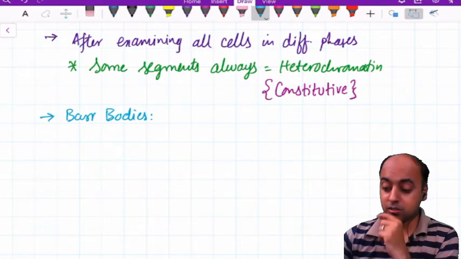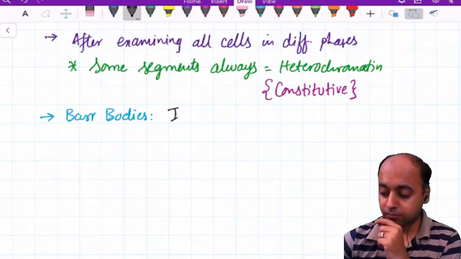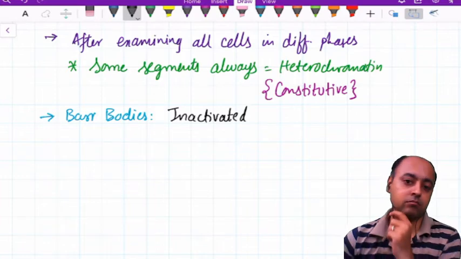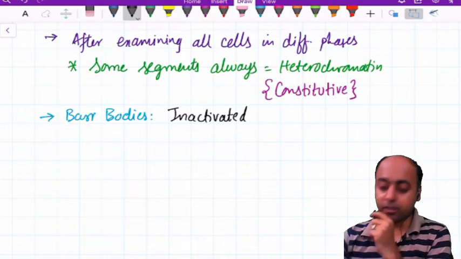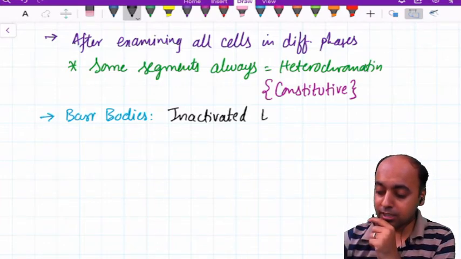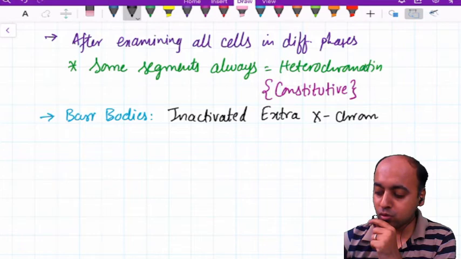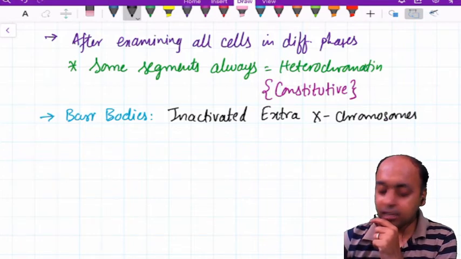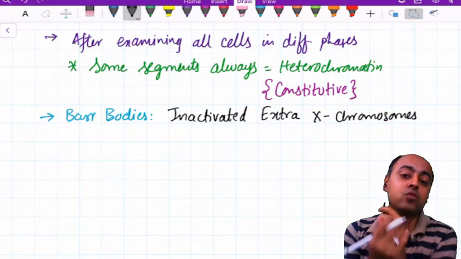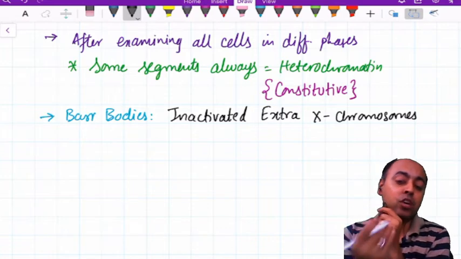See, the term is they are inactivated. Inactivated means they are heterochromatin. But there is a special condition when they are inactivated. They are extra X chromosome, means until and unless you have more than one X chromosome in the cell, the bar body will not be there.